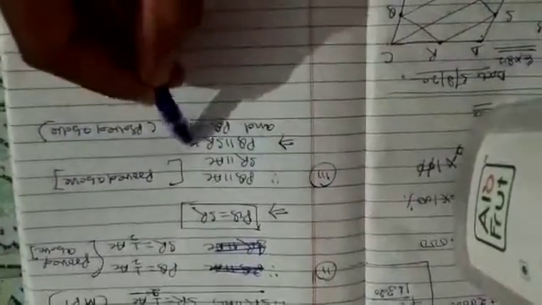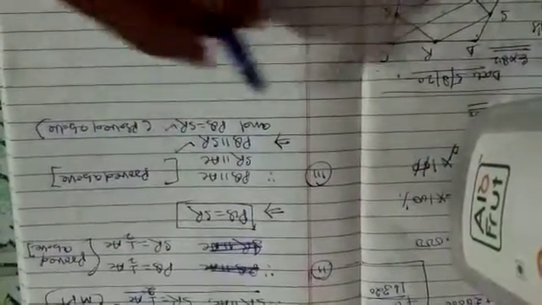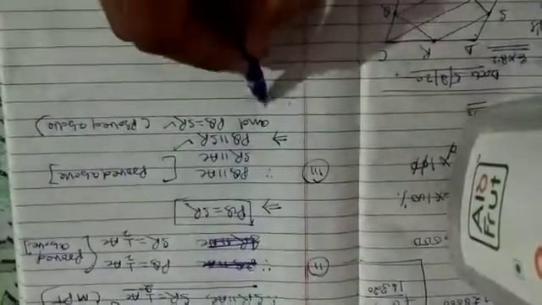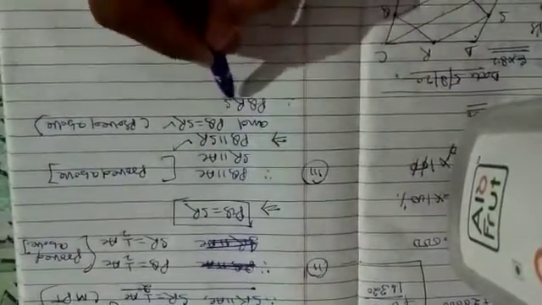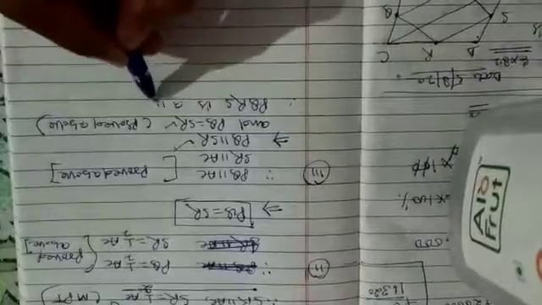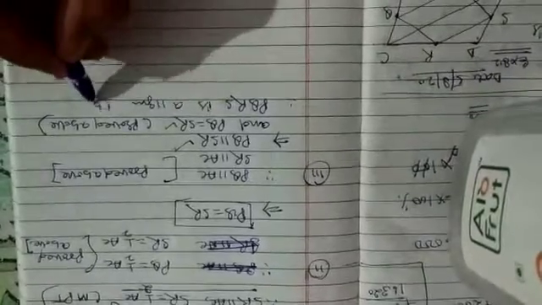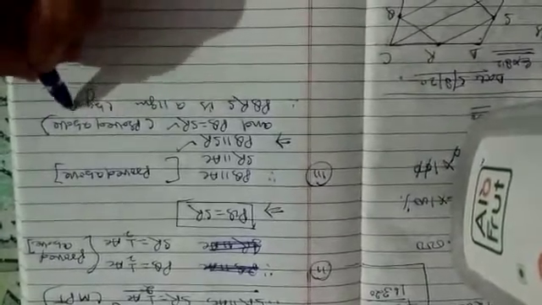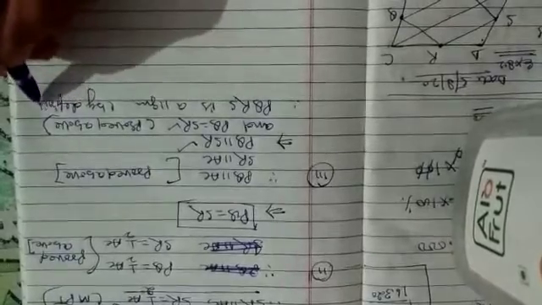Now we can say if PQ is parallel to SR and PQ is equal to SR, therefore PQRS is a parallelogram. This is by definition of parallelogram.